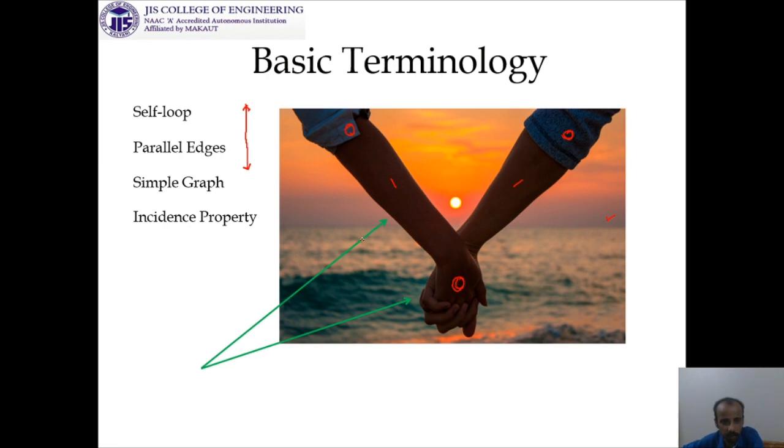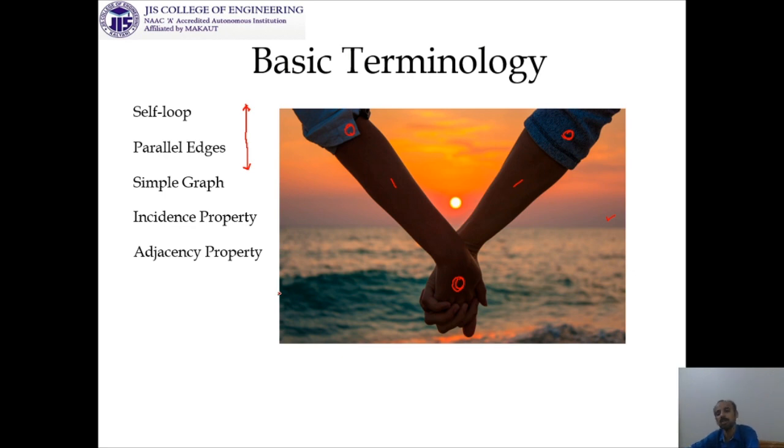So the incidence property lies between vertices and edges. An edge starting from a vertex and ending at a vertex is incident on them. That means this edge is incident on this, as well as this edge is incident on this. Now the next property is the adjacency property, and it has the same figure.